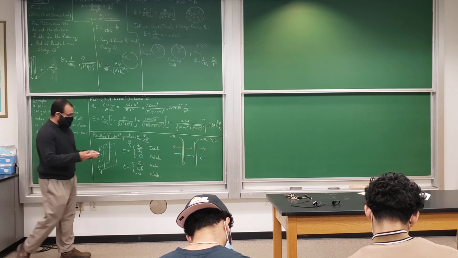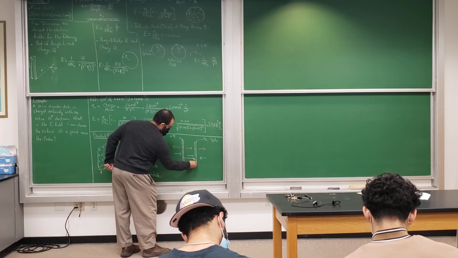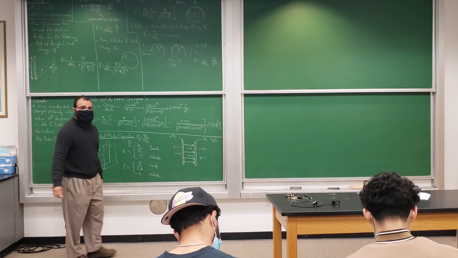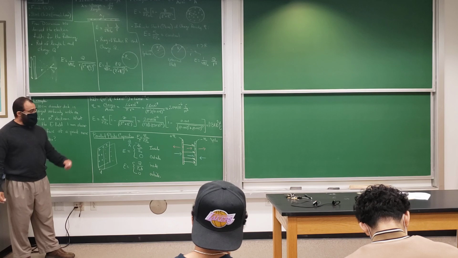So the net electric field is simply like this. Inside the plates, it's just from plus to minus. That's the total electric field anywhere between the plates. Anywhere outside is 0.